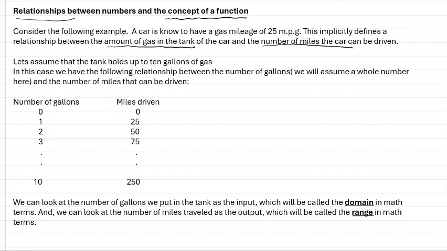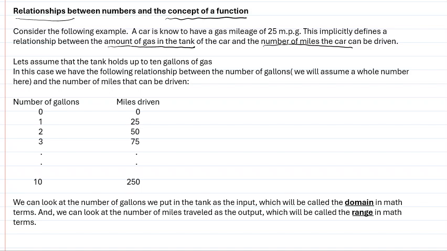So now we have a relationship between two sets of numbers. One number associated with the amount of gas, the second number associated with the number of miles that can be driven. So let's assume the tank holds up to 10 gallons of gas.